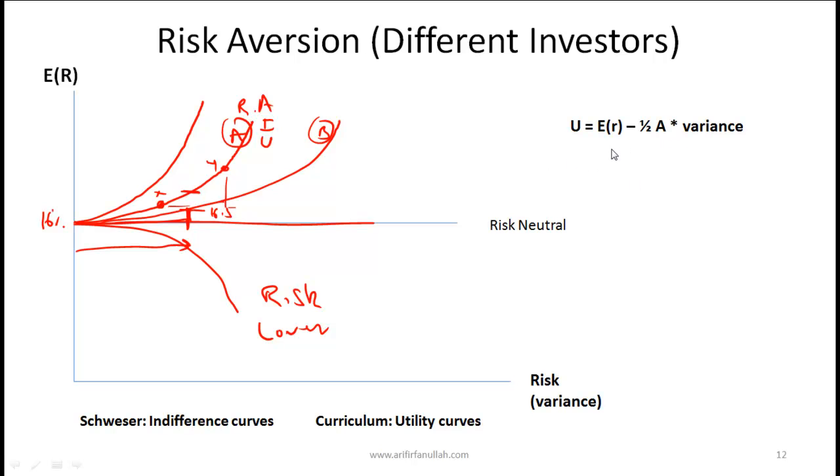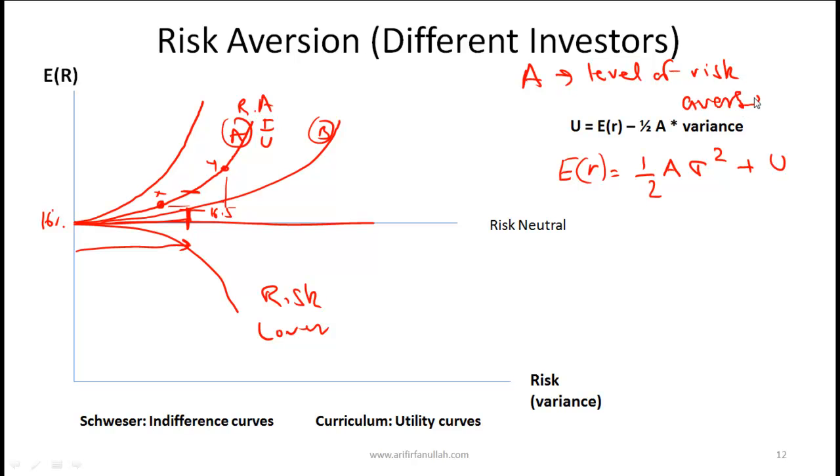So I can write this by saying that the expected return is equal to half into A into sigma squared plus U. So algebraically I've just readjusted. Now A represents the level of risk averseness.